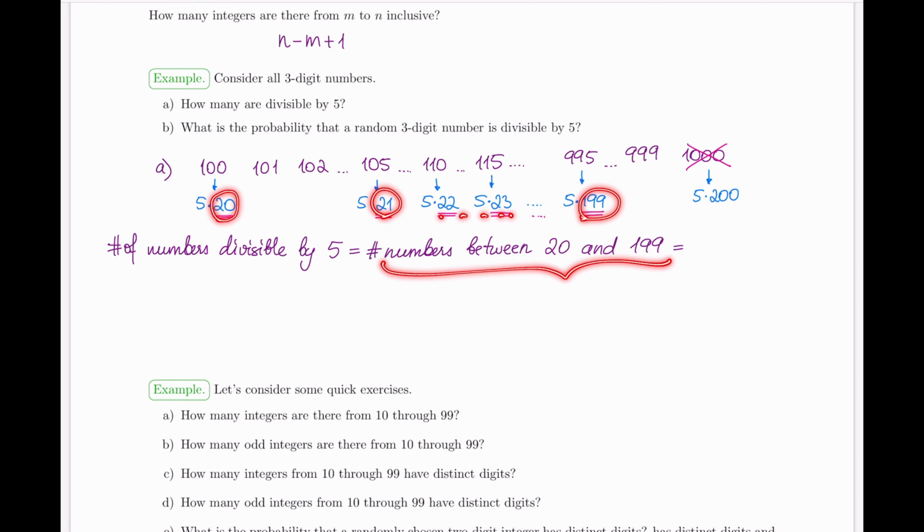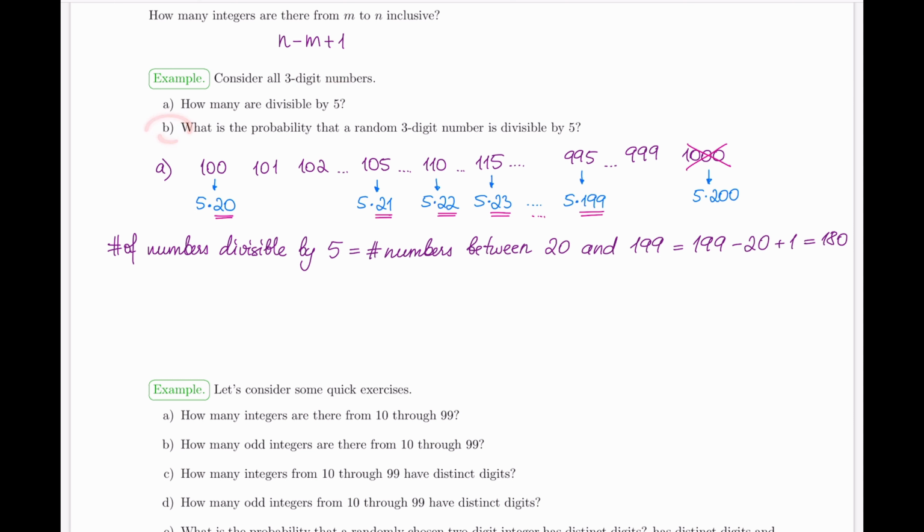And for this, we have a direct formula. Remember, the last number, 199, minus the first number, 20, plus 1. If we compute that all together, we get 180. So there are 180 numbers that are divisible by 5 that have 3 digits in them.